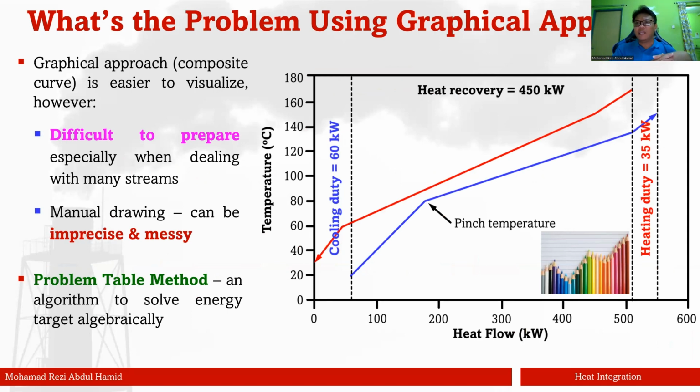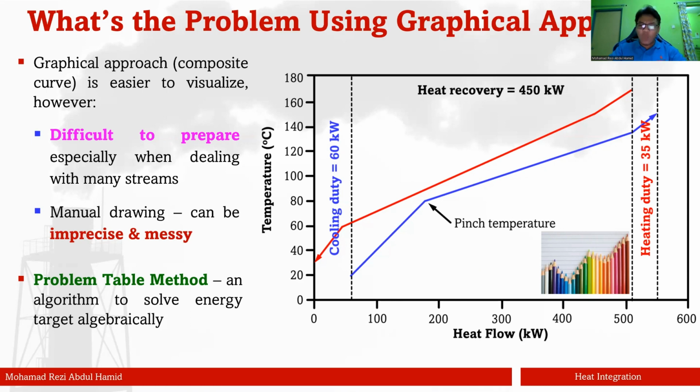Before that, let me give you a brief introduction about the problem table method, but not really a brief introduction. It's more about the reason, the motivation for us using the problem table method as opposed to the traditional graphical approach.